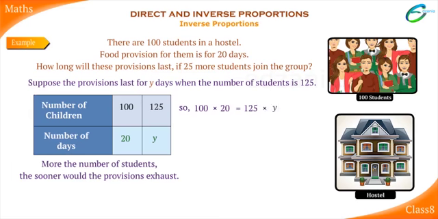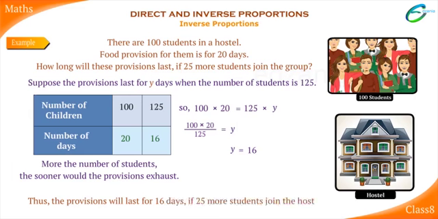Or by cross-multiplying, we get 100 into 20 divided by 125 is equal to y. By simplifying, we get y is equal to 16. Thus, the provisions will last for 16 days if 25 more students join the hostel.